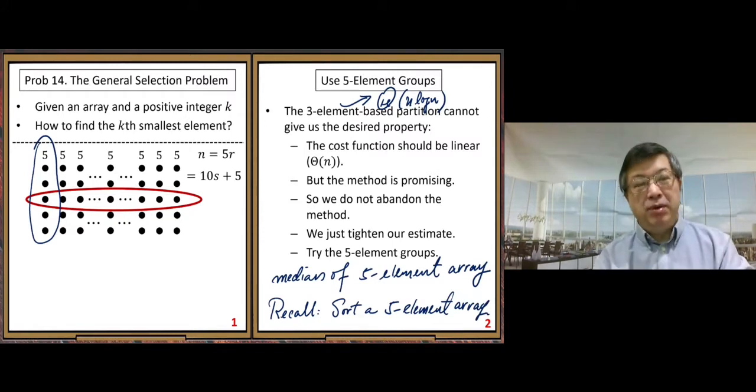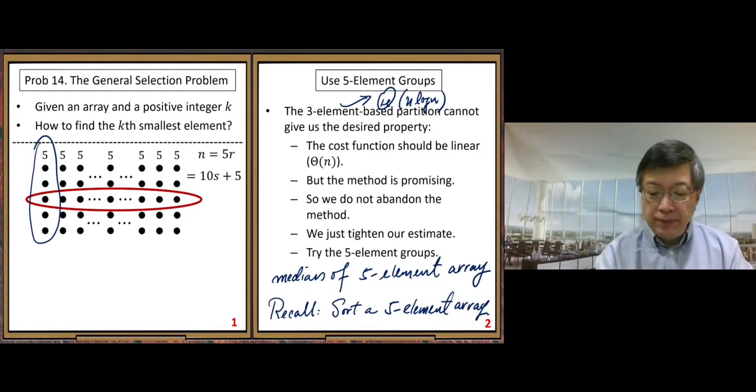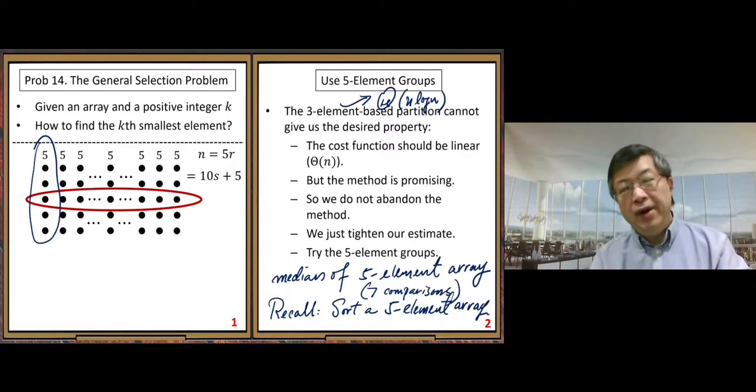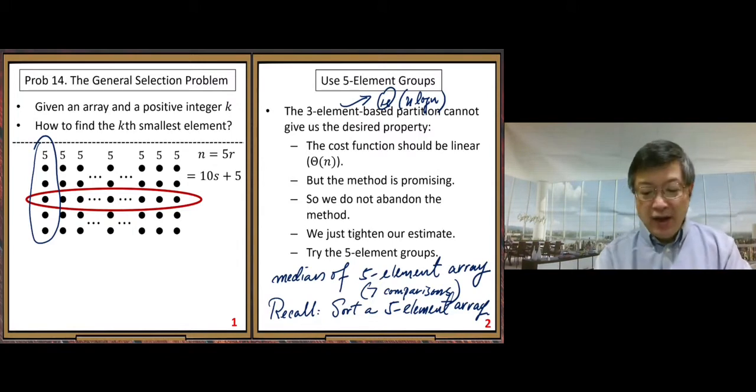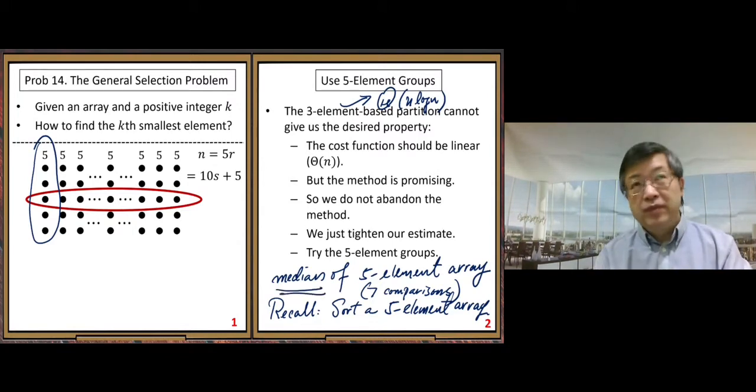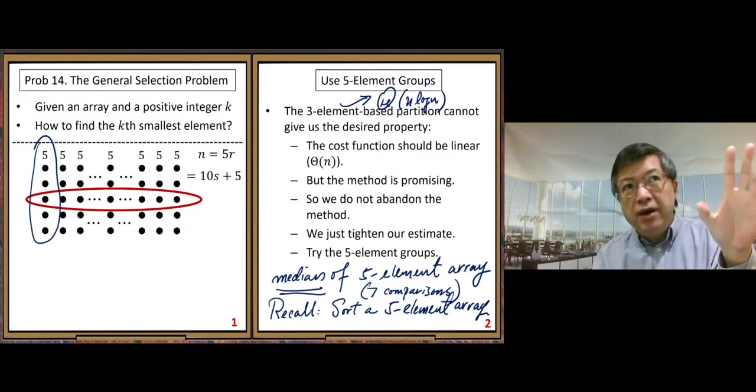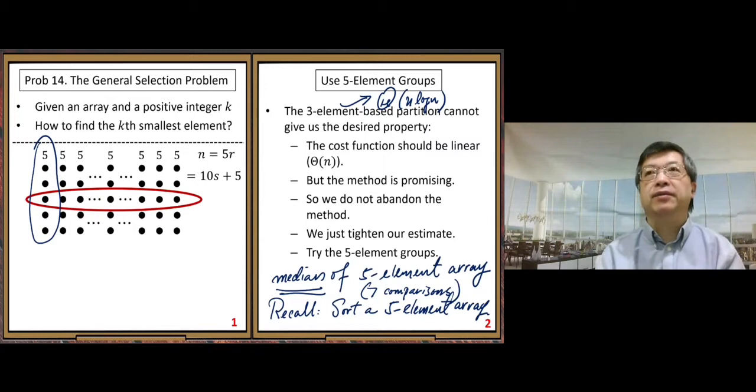In that example, the best we could do was 7 comparisons. We tried very hard and got 7 comparisons. To get a median, it should usually be faster than sorting the array, right? Because we do not have to sort. So usually it is better than sorting an array.